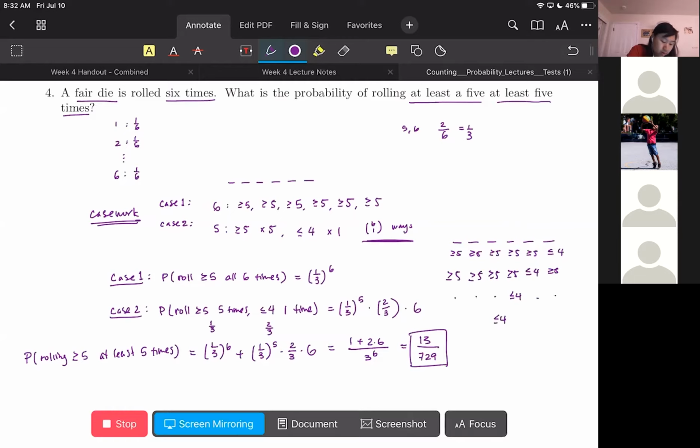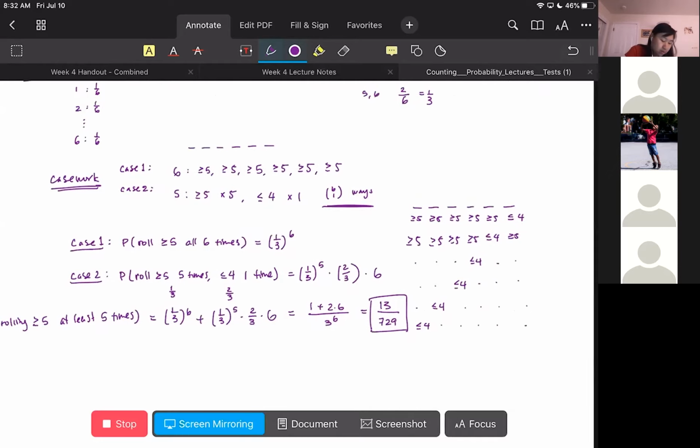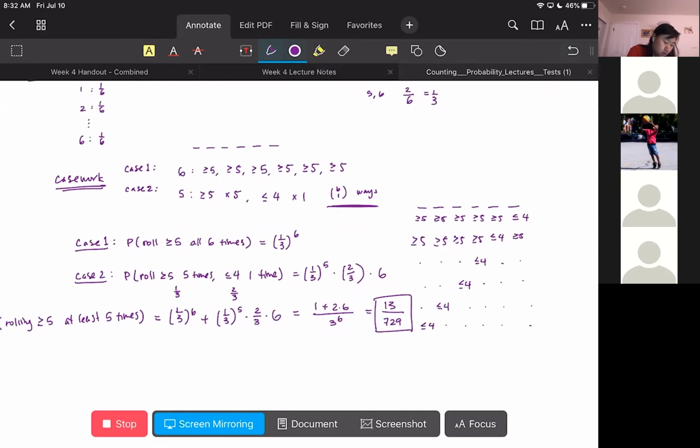Or this one, or this one, or this one. So there are actually 6 different cases here, and for each of the cases, the probability is here 1/3 to the 5th times 2/3. Here it's the same: 1/3 to the 4th times 2/3 times 1/3. Here it's 1/3 cubed, 1/3, 1/3, 1/3, 2/3, 1/3, 1/3.